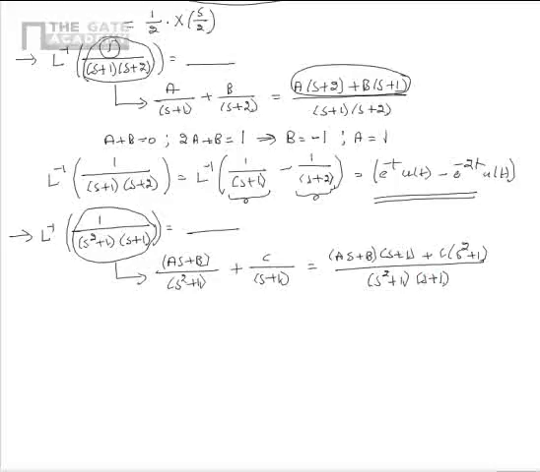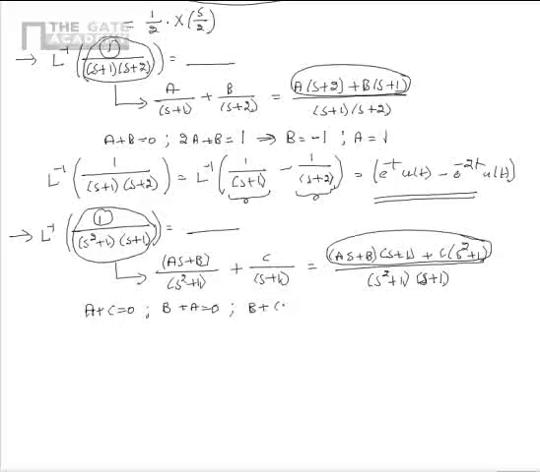Upon equating the numerator 1 with As plus B multiplied by s plus 1 plus C into s square plus 1, we get that A plus C is equal to 0 because the term containing s square is equal to 0, and B plus A is also equal to 0 because the term containing s is also not present.